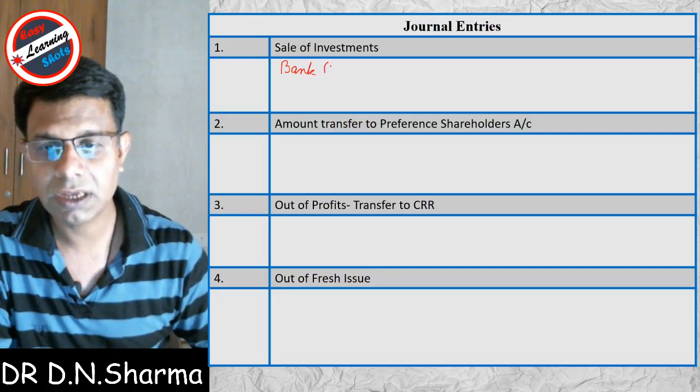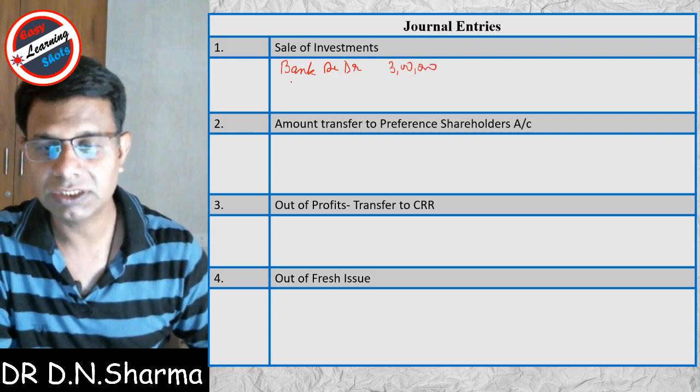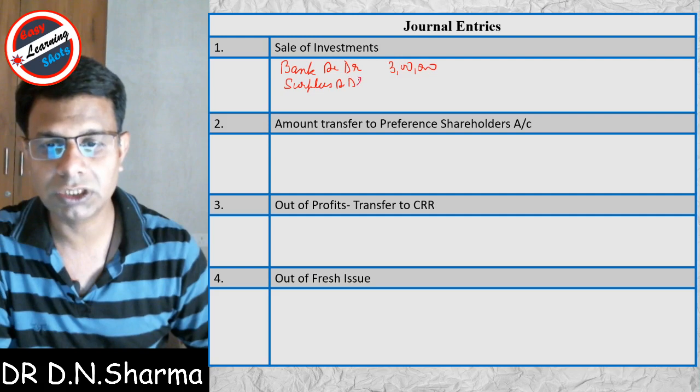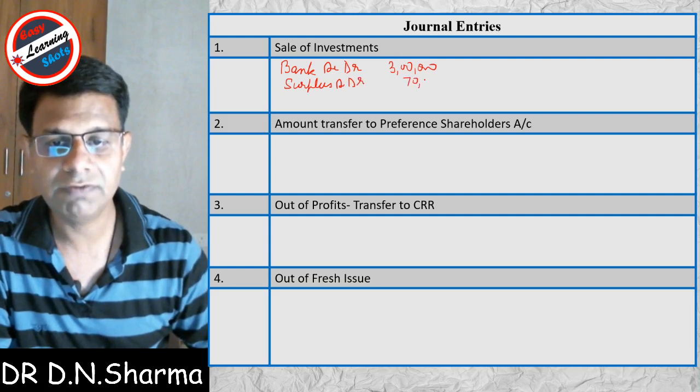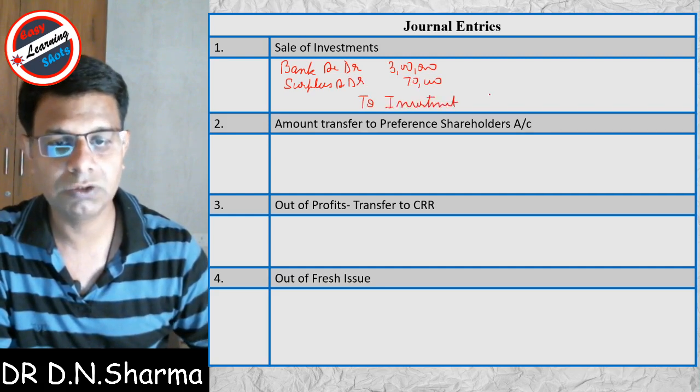So our entry is bank account debit. We get 3 lakh rupees from sale of investment. Now the surplus account is debited because we incur a loss of 70,000 when we sold the investment. So the investment account is credited, with 3,70,000.